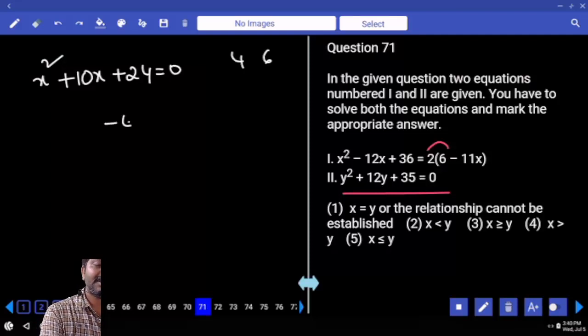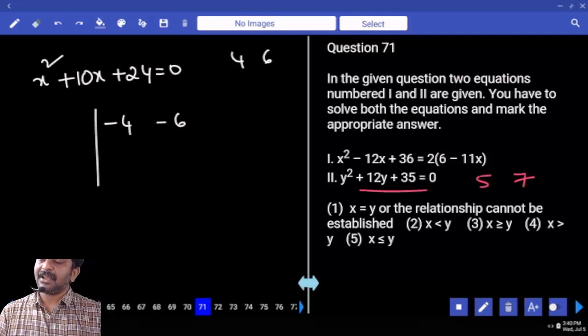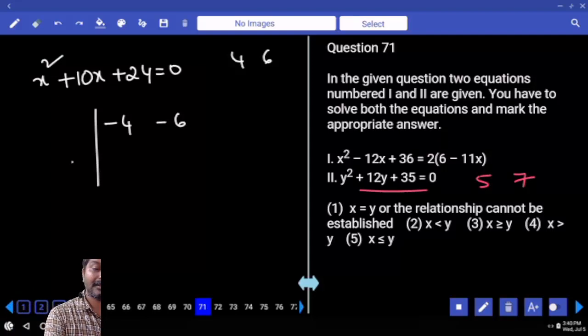4, 6, minus 4, minus 6, correct? Next, combination 5, 7. Factors are minus, that's it. Minus 5 lies in between these two, right? In between condition. That's it. Why do you need the other fellow?